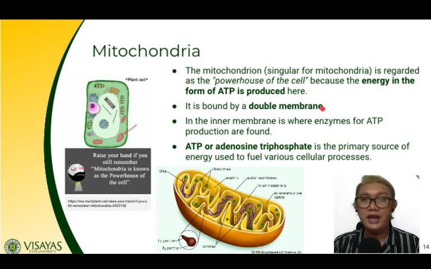The mitochondria, unlike the peroxisomes, the ERs, and the lysosomes, is double membrane bounded. So it has an inner membrane and an outer membrane.